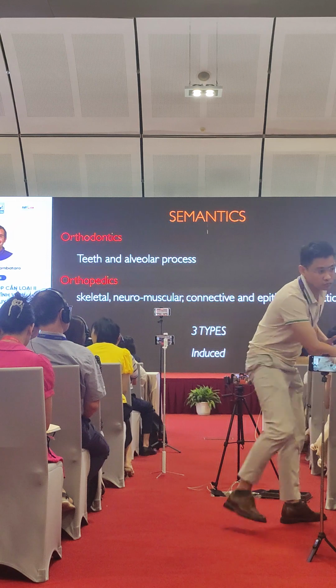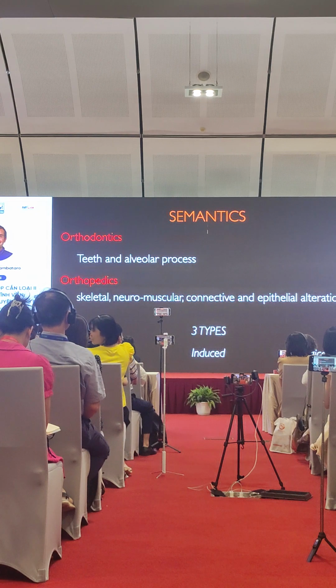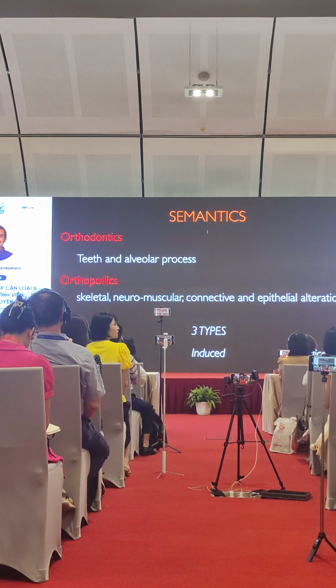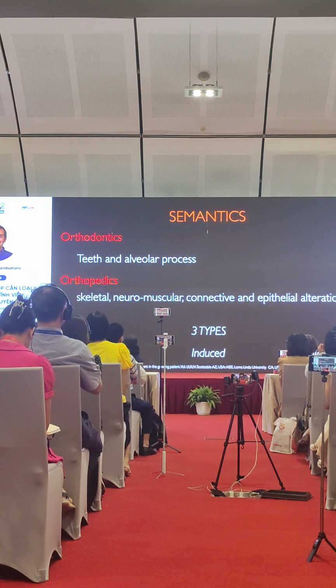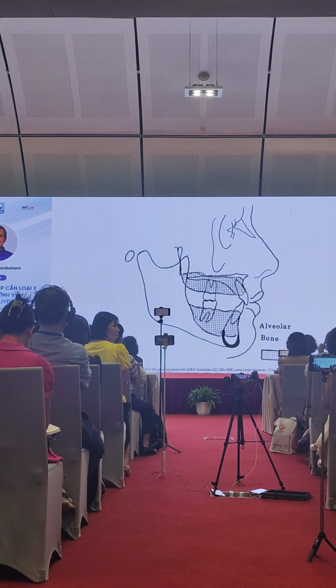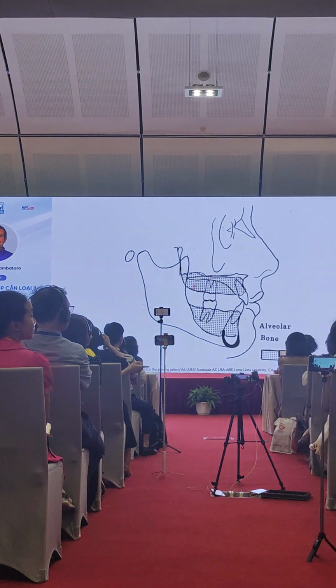And we know the natural, that is during growth, the usage, that is when we perform a treatment in a growing child, and the surgical. And so orthodontics makes it small, but amazing. Look at this.